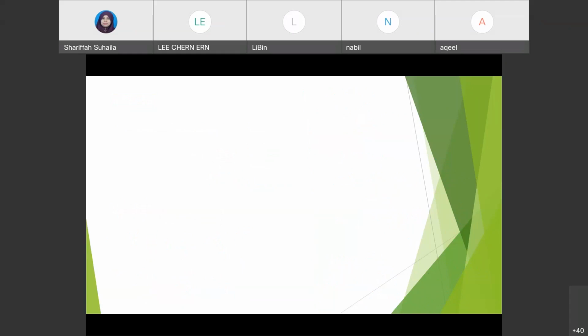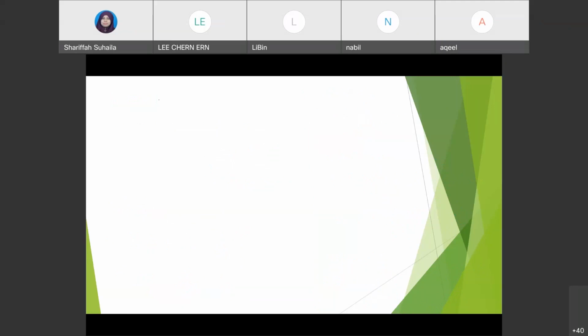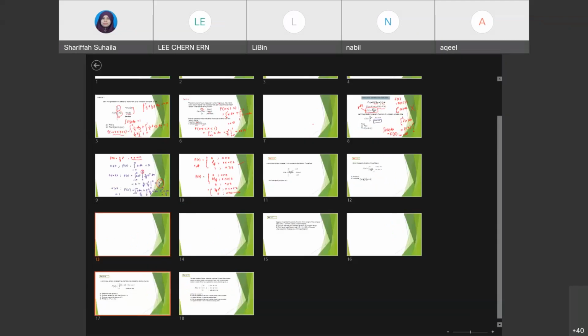X greater than 5. Okay, so cumulative. So ambil balik kita punya nilai. So minus infinity 0, 0, 0 dt.